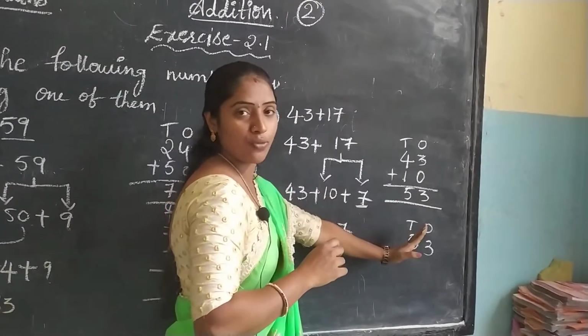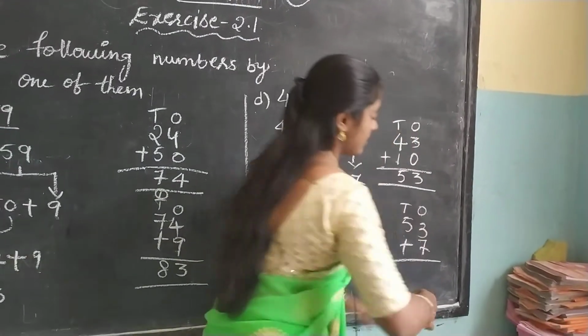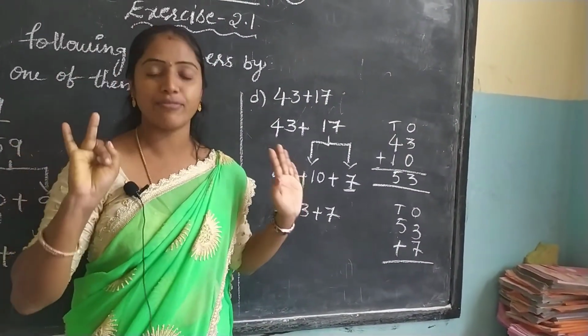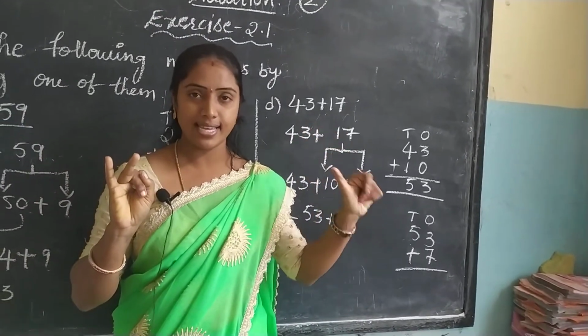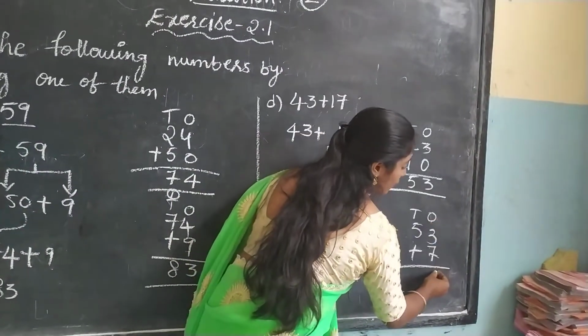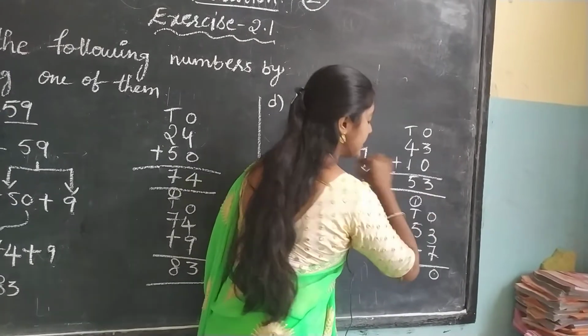First go to the ones place. 3 plus 7: after 3 you add 7 numbers, 4, 5, 6, 7, 8, 9, 10. So write 0 in the ones place and carry over 1 to the tens place.